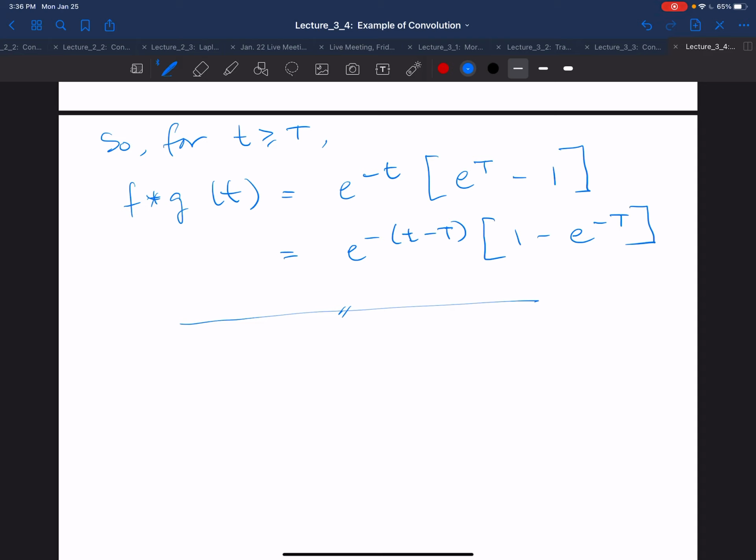For now, let's simply state the property of our Laplace transforms that relates to convolutions.